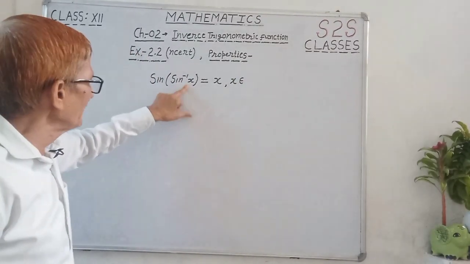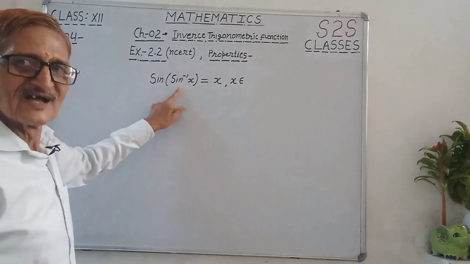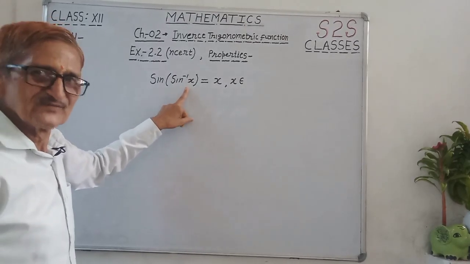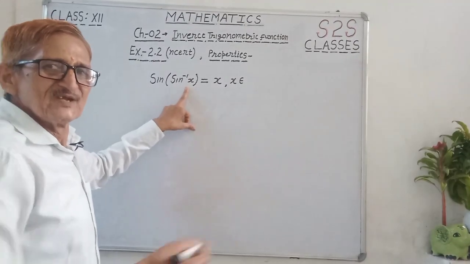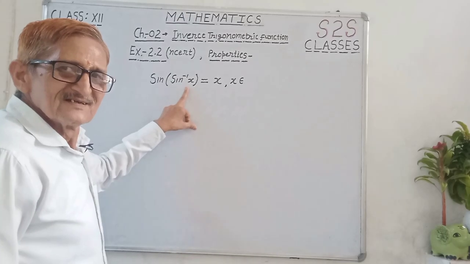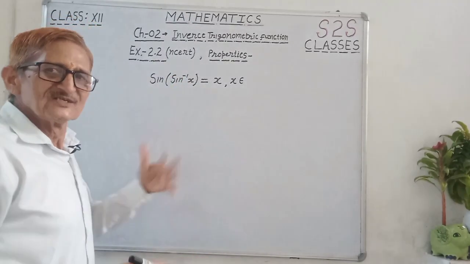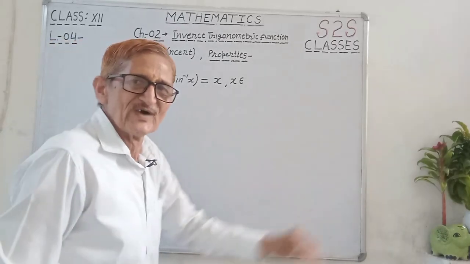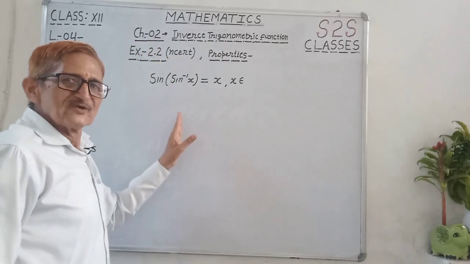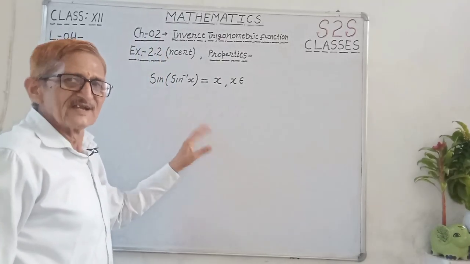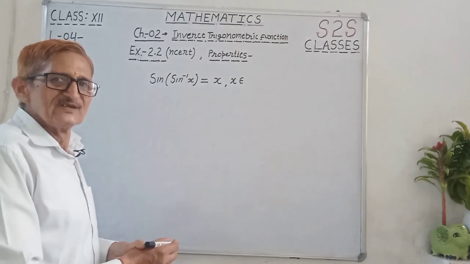x is the domain for sine inverse. And what is the domain for sine inverse? What is the range of sine x? The range of sine x is -1 to 1, so that will be the domain for the inverse. I told this also in the definition of the inverse function.